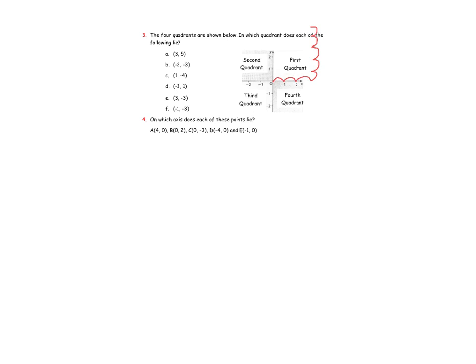So if we were to see which quadrant that lies in, that's going to lie in the first quadrant. All the other ones here, so (-2, -3), (1, -4), (-3, 1), they will all be very similar to this. You just go across the x-axis, up or down the y-axis and figure out which quadrant it's in.